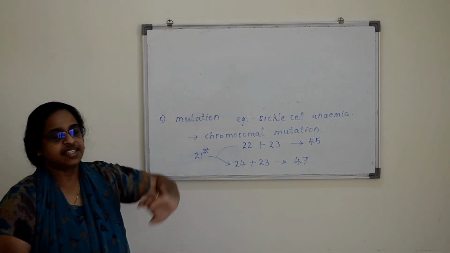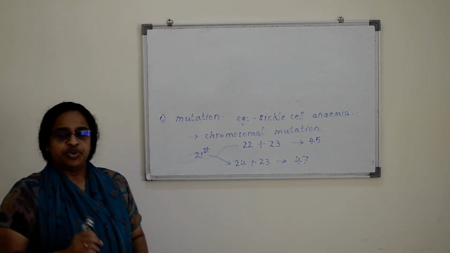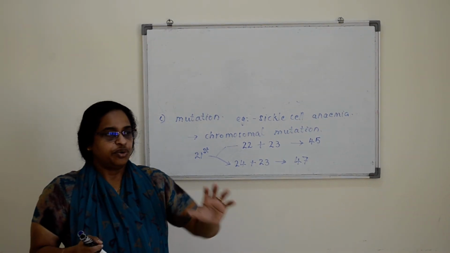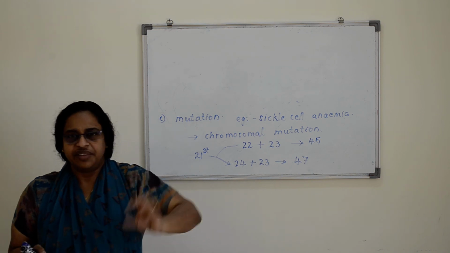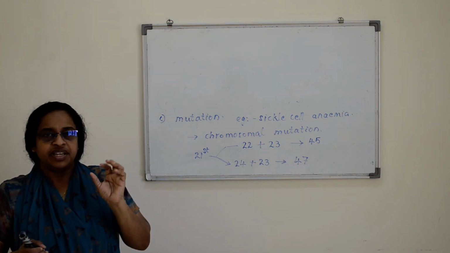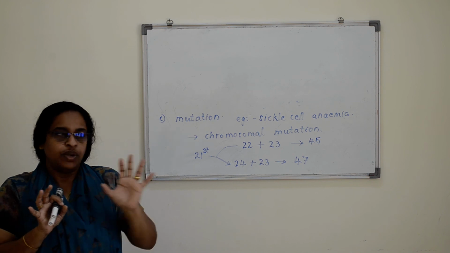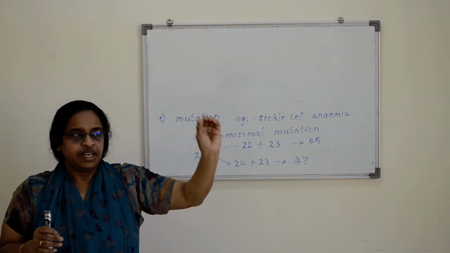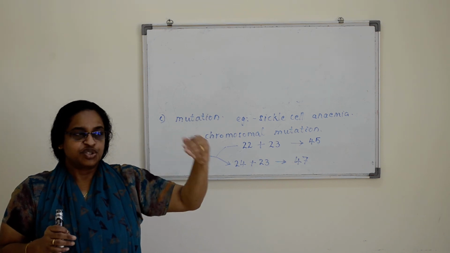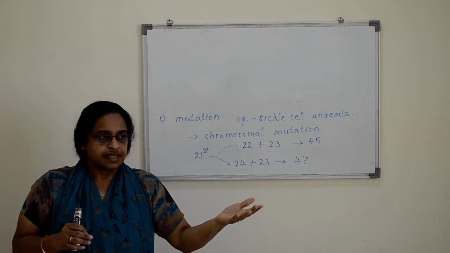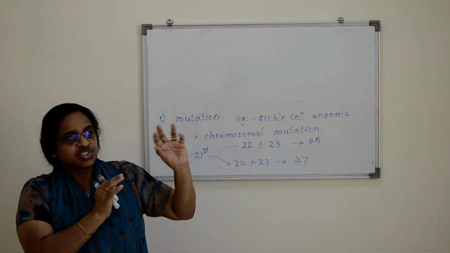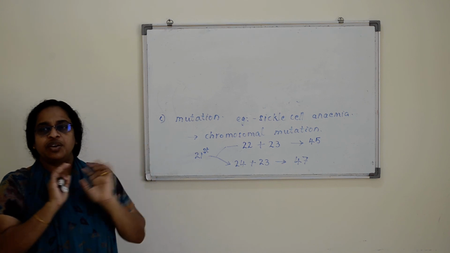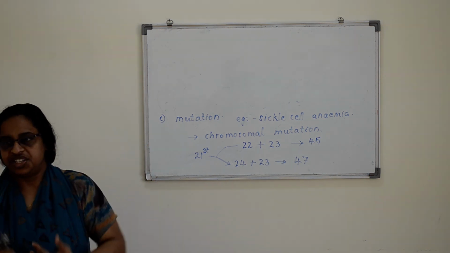Radiations are said to be the main cause of mutation, because even though we are living inside a house, the rocks and soil everywhere contain some radioactive elements. The building is made of bricks and cement, and bricks we get from the earth, so all these contain some kind of radioactive substances.